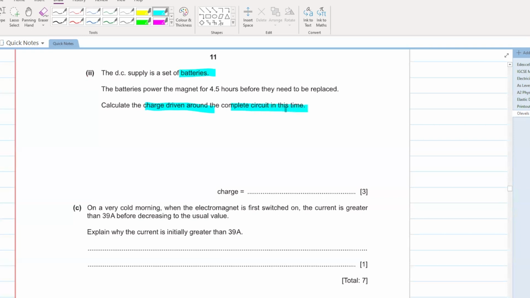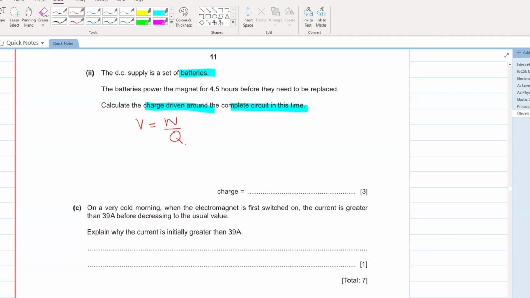We have to calculate the charge driven around the complete circuit. There is a very easy way to do this.